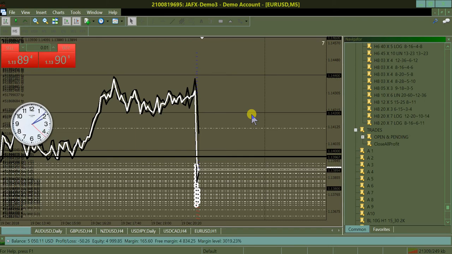Okay, got pendings. We're at the market. Tight stops. And we'll buy 30 pips deep. And as the market starts going up, I'll start running trailing limits in there.